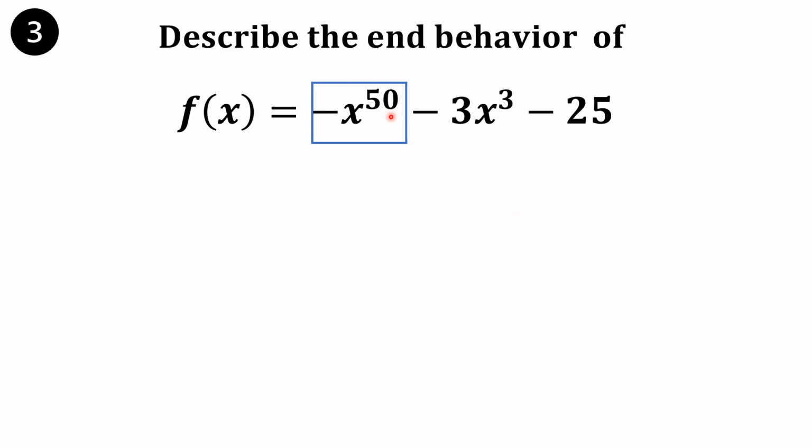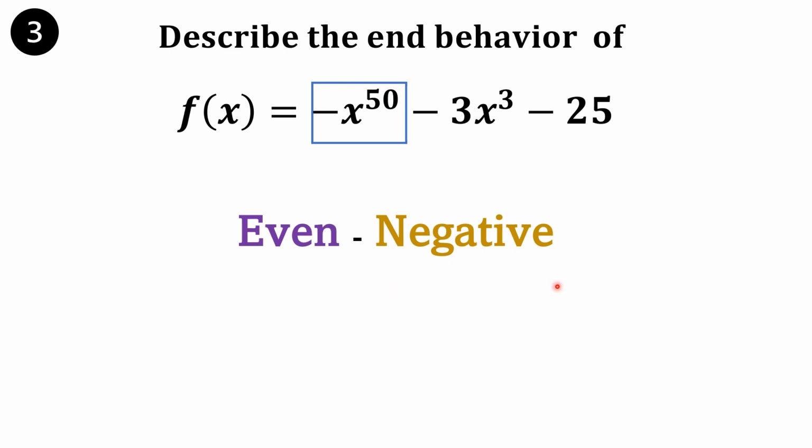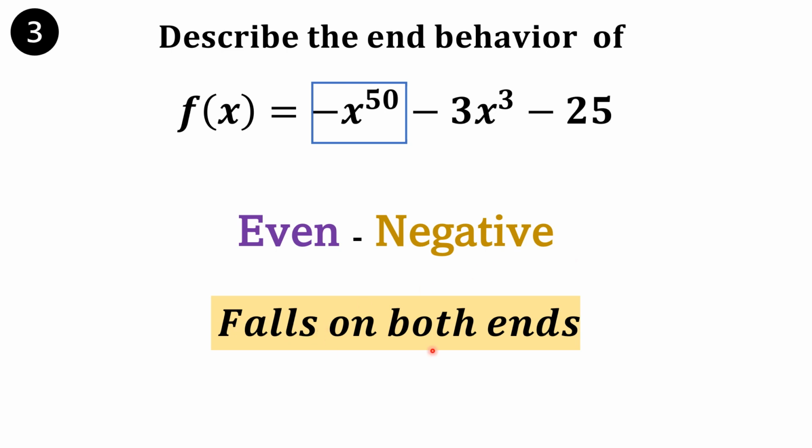The degree is 50, it's even, and the leading coefficient is negative, which is negative 1. So it's even negative. Therefore, the end behavior falls on both ends, or falls to the left and falls to the right.